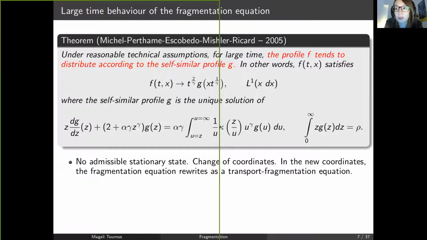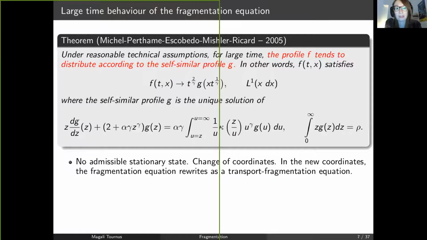So since particles are only undergoing fragmentation, this is expected. And actually what is expected and what is true is that f of t,x, the size density of particles, is going to some delta function at x equals 0. At the very end, at time equal infinity, we only have particles of size 0. But the thing is, it goes to a delta function in 0 with some given profile.